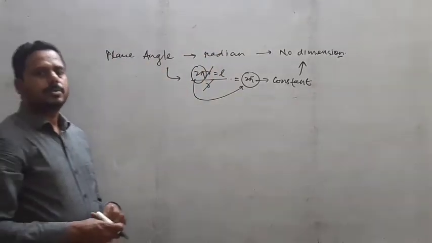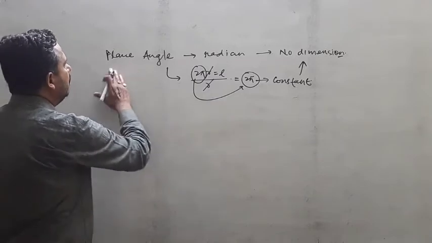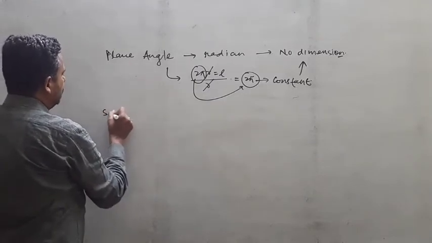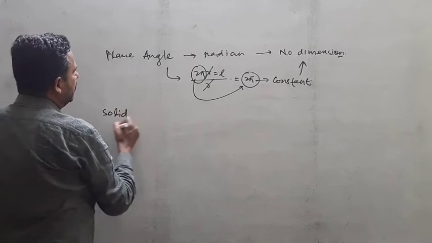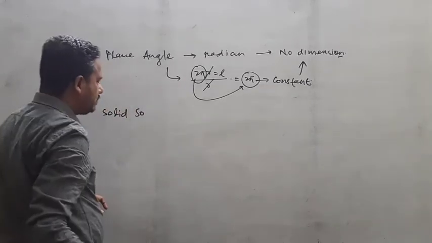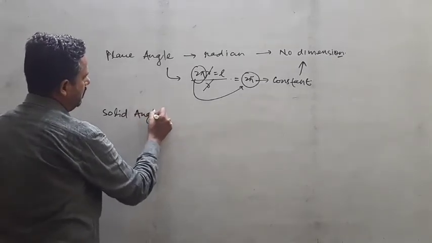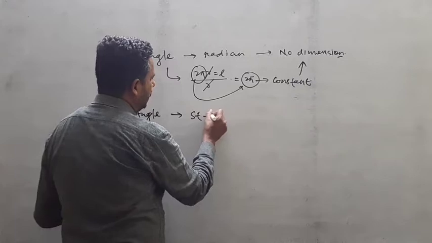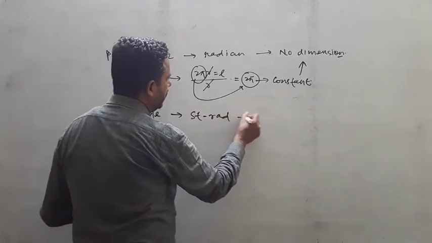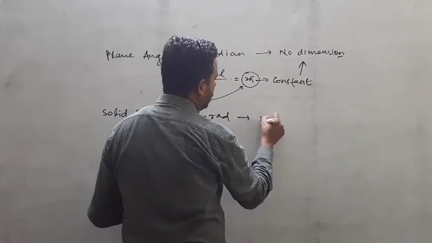Alright. Accordingly, if you want to find the dimension of the solid angle, the unit is the steradian, and it has no dimension.